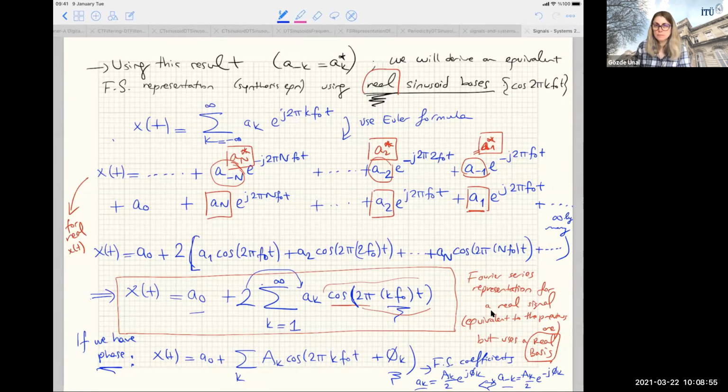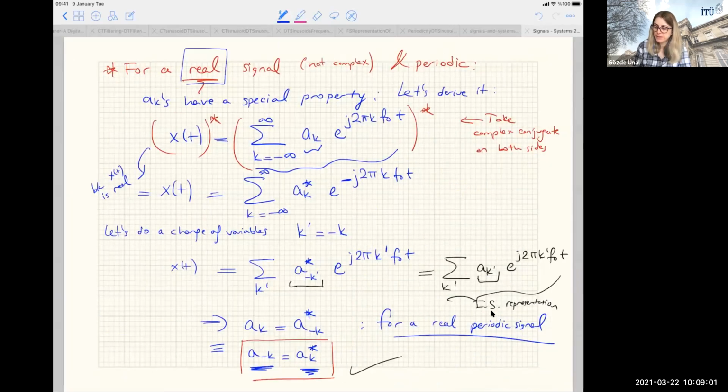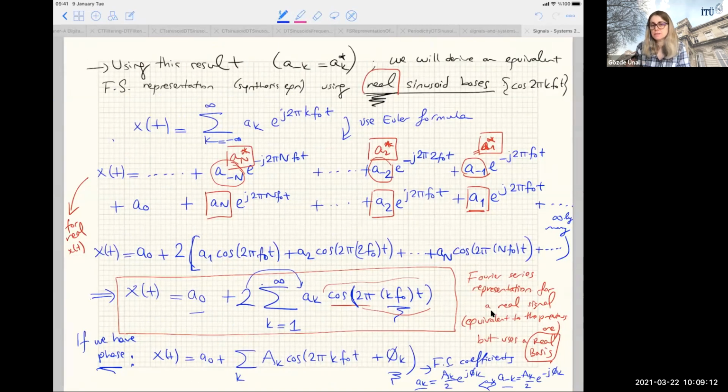Is this clear? Until here, what we did after the break, we just said, let's rewrite this representation for a real signal, because it may also use a real basis function like this cosine 2 pi k f0 t family of functions.